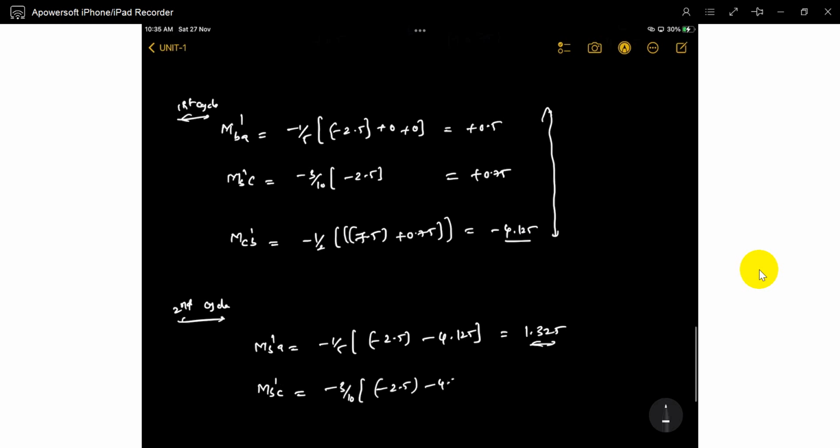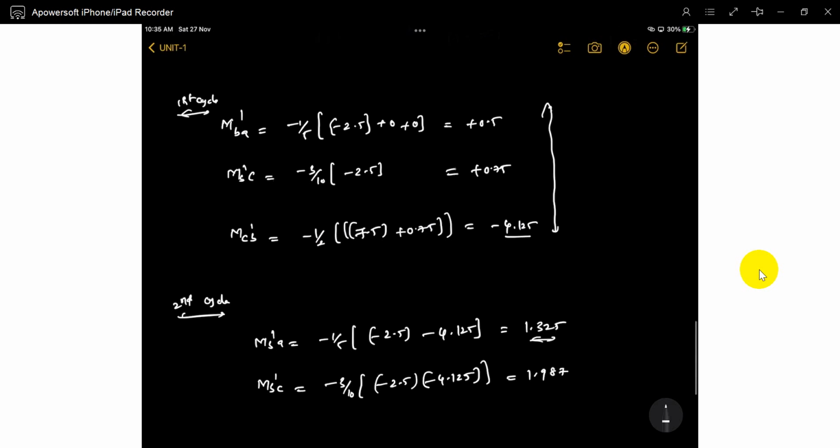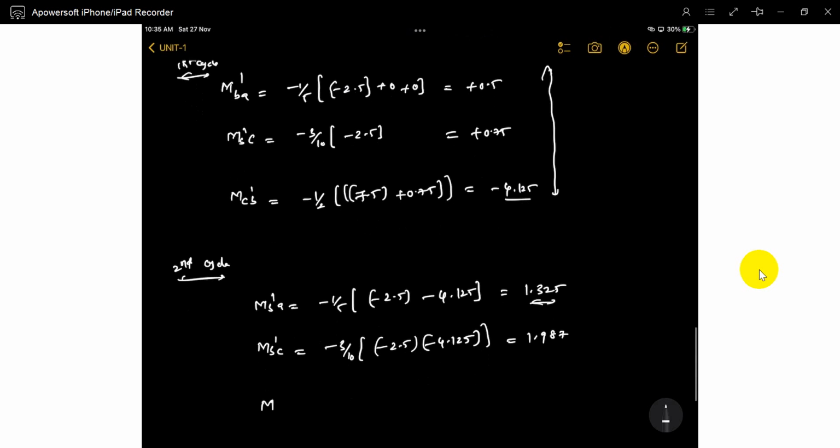So MBC, 3 by 10, minus 2.5. Same, these values don't change at all, because contribution from A and C. Same thing once again: 2.5 plus 4.125, answer multiply with 3. 1.987. Same goes to C joint CB, minus 1 by 2. It's 7.5.